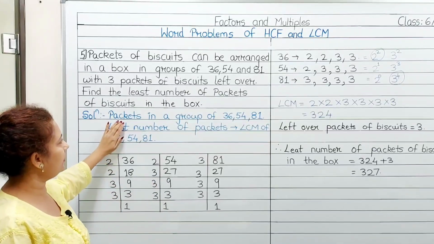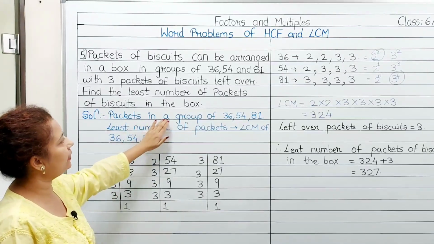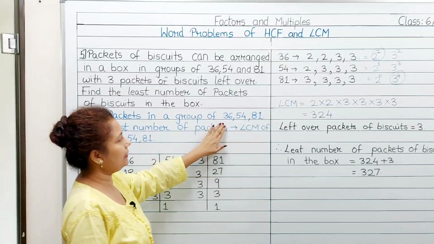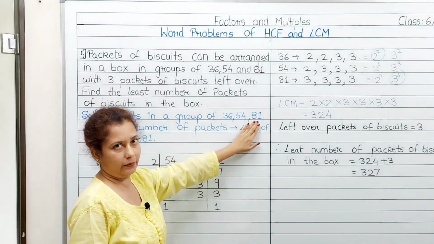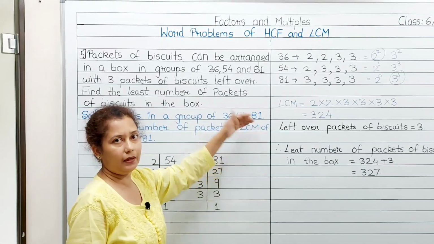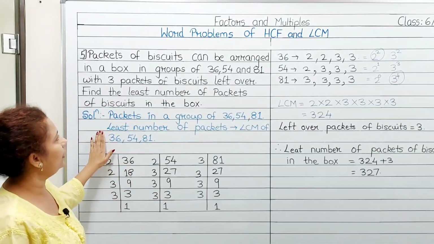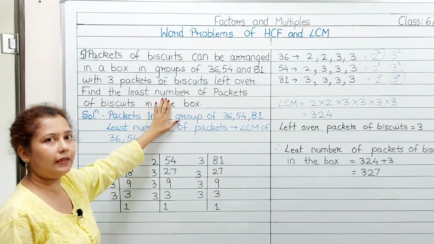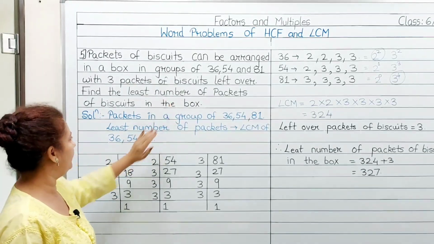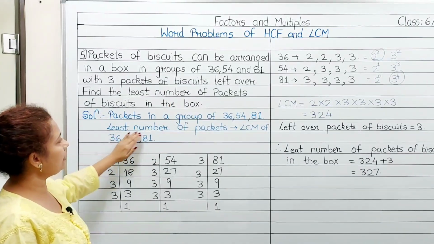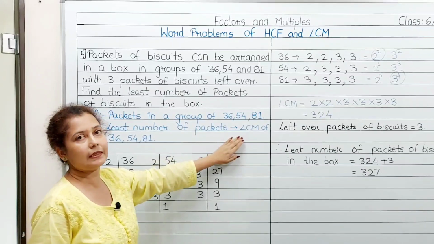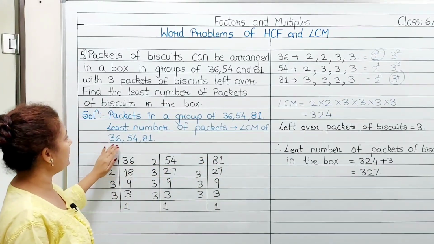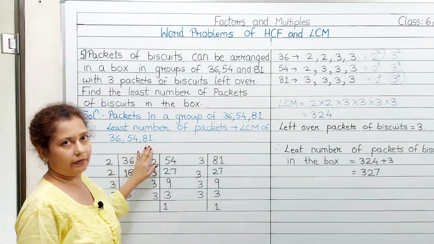So the first thing we will write is the packets in groups of 36, 54 and 81, which is given in the sum. Second thing, from the keyword least number, we understand that we have to find LCM. So least number of packets means LCM of 36, 54 and 81.